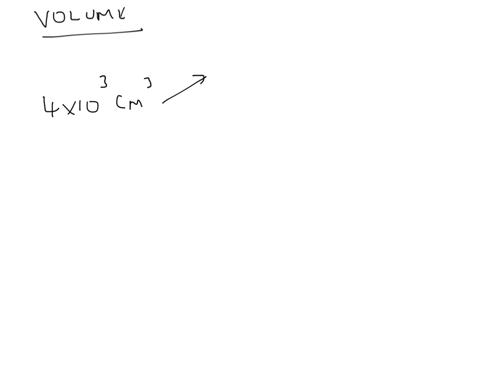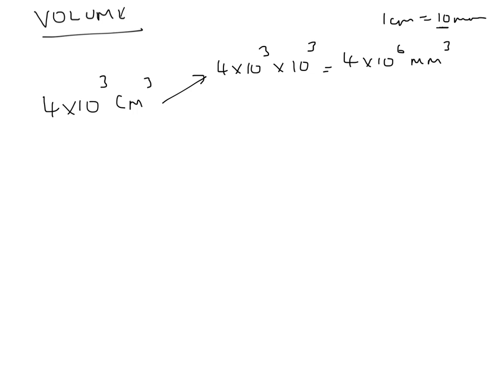I know that 1 centimetre equals 10 millimetres. So what I'm going to do is 4 times 10 to the 3, because I've already got that from the question, and then times it by 10 to the 3. The extra 10 has come from there, and it's to the power 3 because we're in volume. So that gives me 4 times 10 to the 6 millimetres cubed.